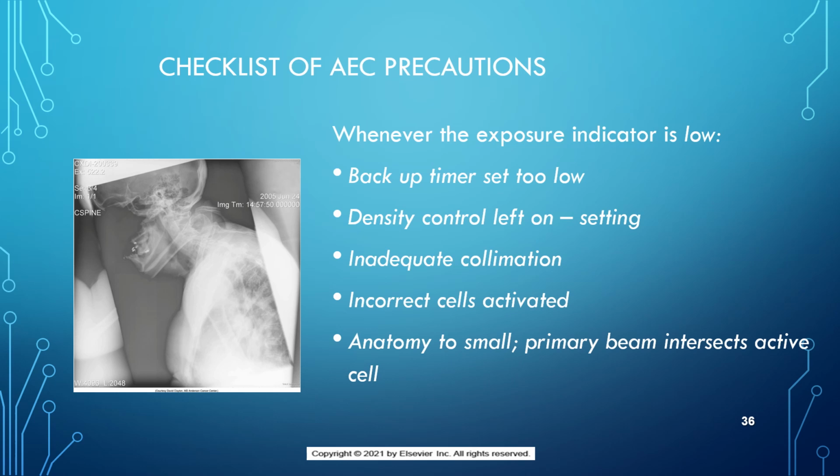It doesn't do that anymore. It only makes your exposure time run long or run short, and that's usually going to be corrected by the processing software. So my advice: understand what the density buttons do, and also understand they're obsolete in the digital age. Inadequate collimation.